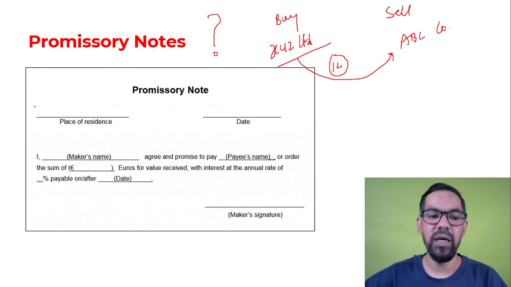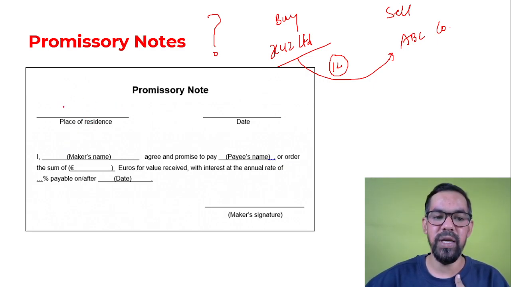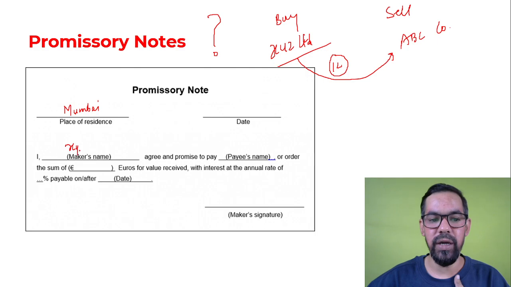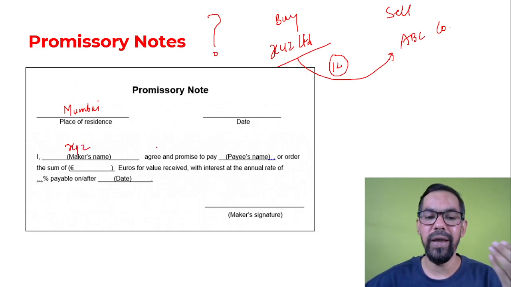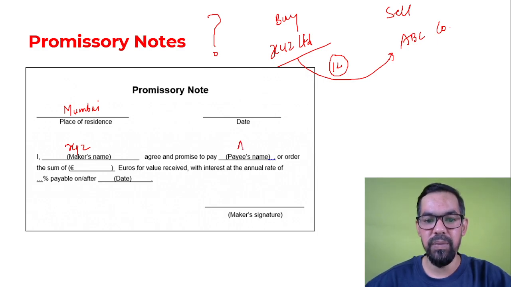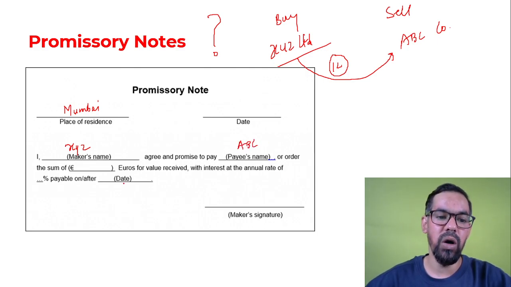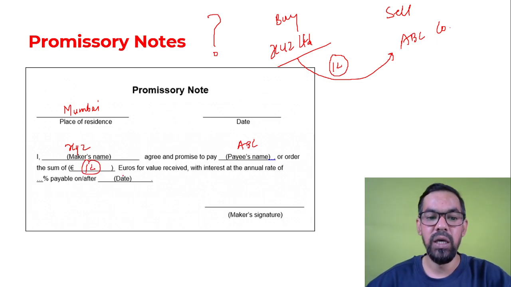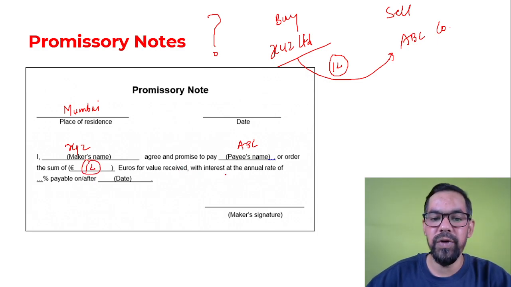So here you can see this format as well. So let's say this place is Mumbai. Okay, and I, XYZ Limited, promised to pay to ABC Corporation or order a sum of 1 lakh rupees or whatever the currency, for a value received with the interest of this and this, on a future date.